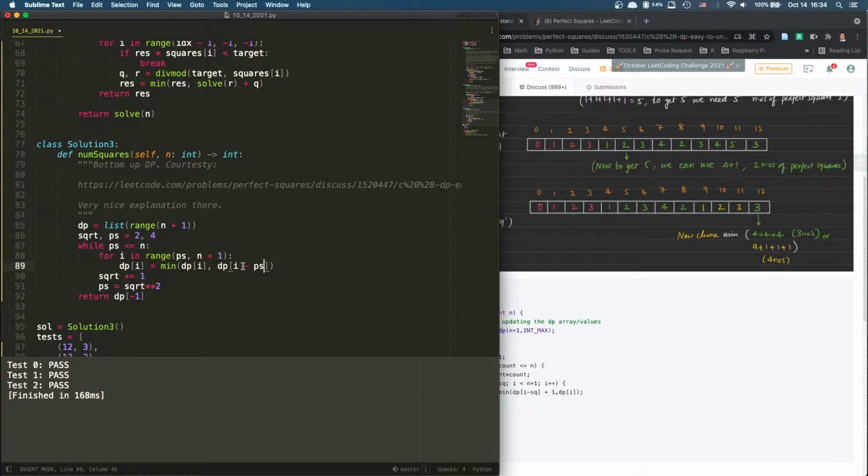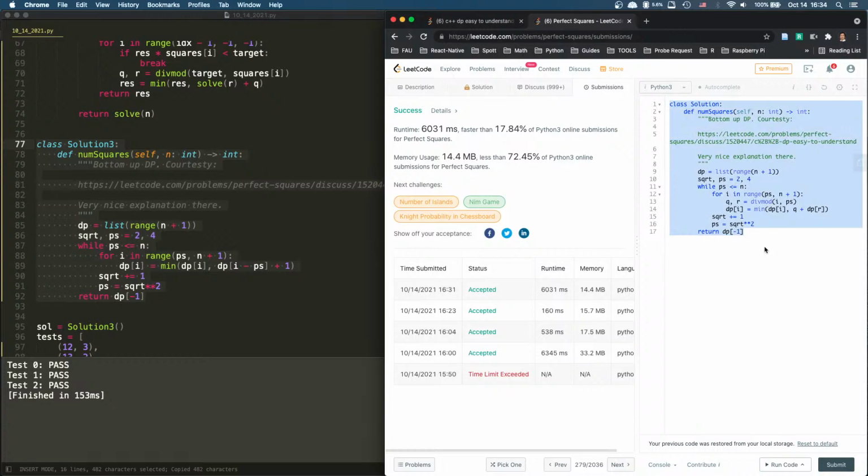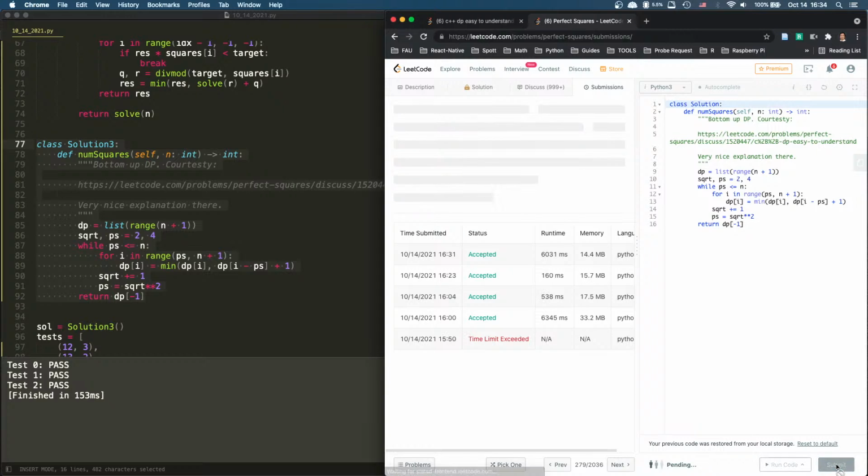So it means we take perfect square right now, and we're looking for what is the maximum previously, and this one plus 1. Okay, try one more time. So we get rid of the div mod. Square should be fine. Okay, try this.